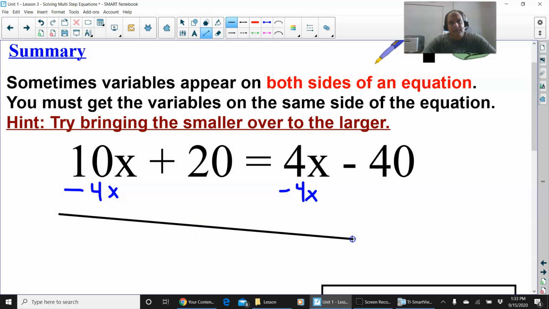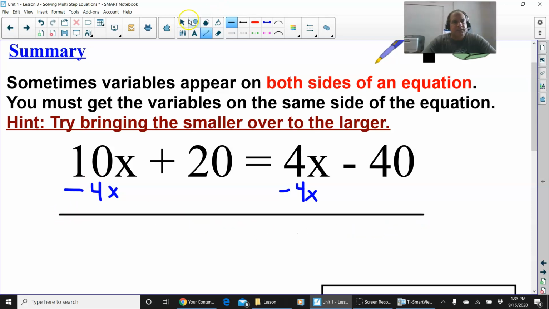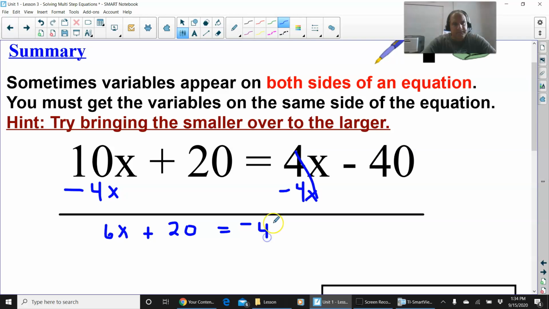And let me just put a big line there. And this cancels. And you see what happens, 10x minus 4x, that's 6x now. And then you have the plus 20. You bring down everything right below it, equals negative 40. And then you have a two-step equation, and you just go ahead and solve. And as I do it, go ahead, you do it.